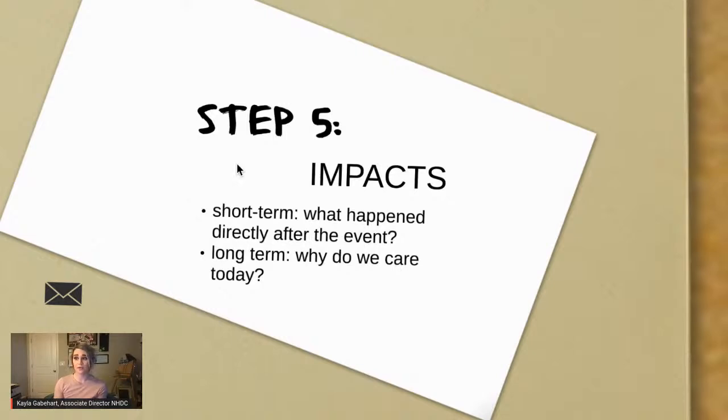And the long-term impact: why do we care about that today? Why do we care that the reparations Germany had to pay for World War I, the war payments, had an impact on their economy? Because it was a direct cause of World War II. And that's something that changed the way the world looks today, geopolitically and economically. So that's why we care today, the long-term impact.